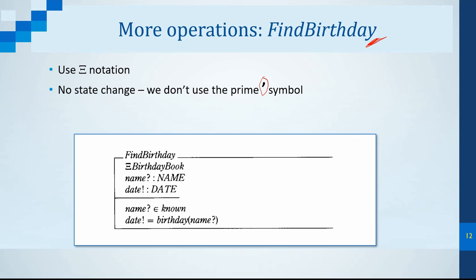So as you see here, ours is just a relation between the name and the date. Okay, so keep in your mind, anytime you want, because now, okay, this is the birthday.